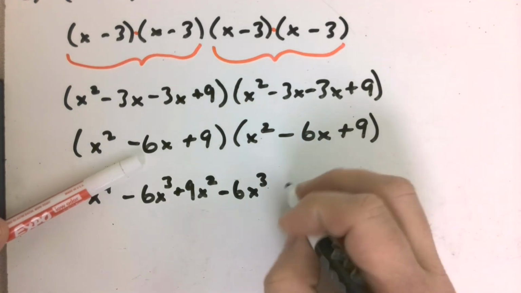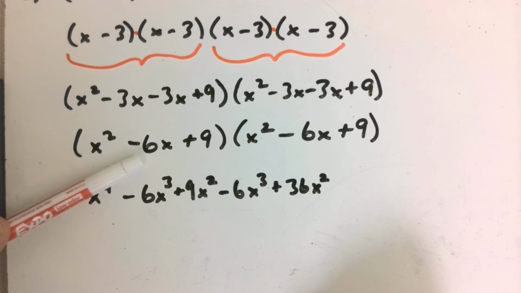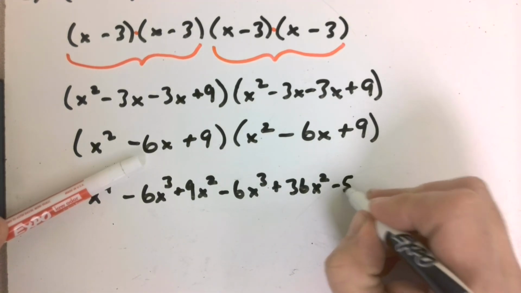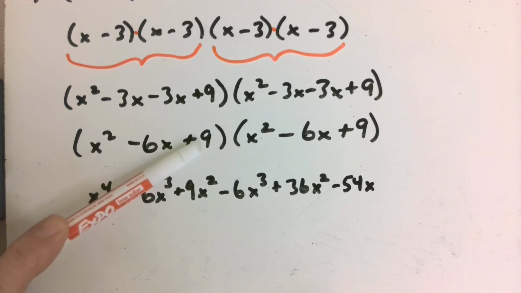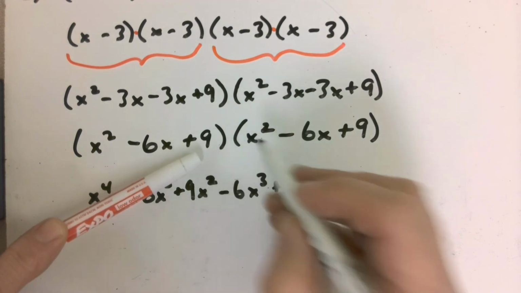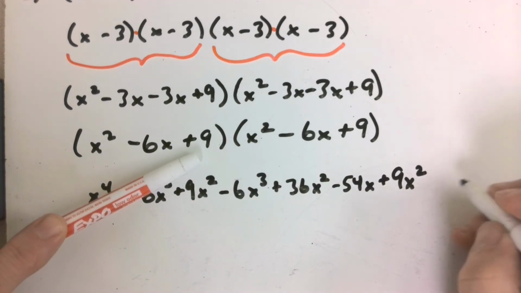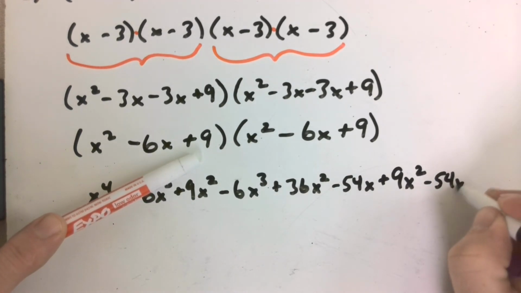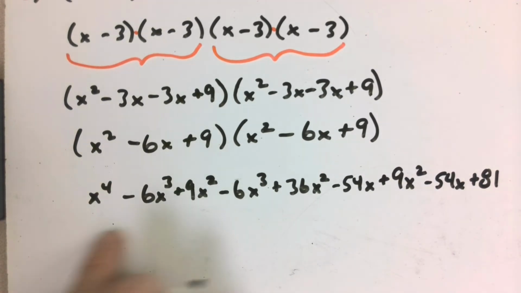Negative 6x times negative 6x would be a positive 36x². And negative 6x times 9 would be a negative 54x. Finally, the 9. Got to multiply that in to finish this up. 9 times x², 9 times negative 6x, and 9 times 9. We have 9 terms across there.